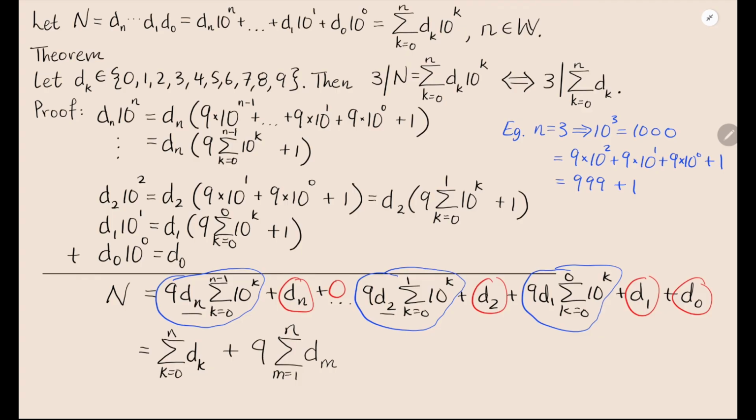Now, the rest, I can just look at this first term with a sigma. k goes from 0 to m minus 1 of 10 to the power of k. So m goes from 1 to n, and then k goes from 0 to m minus 1. This is very cool. It looks something kind of like this. So, sums of sums.